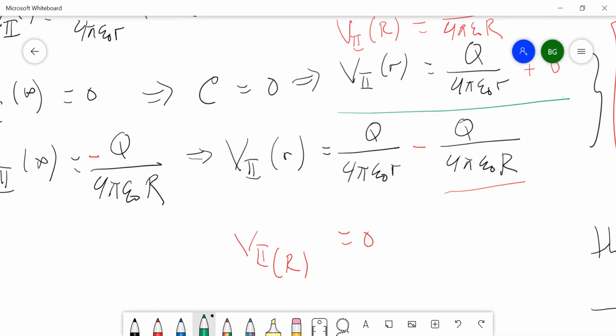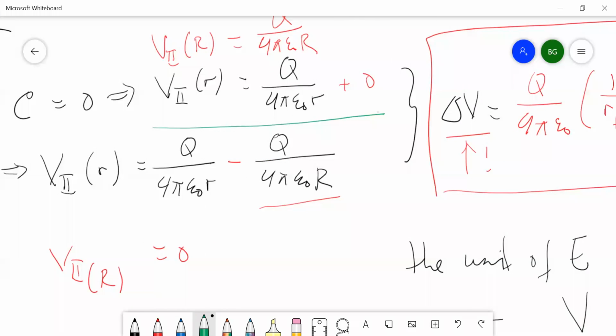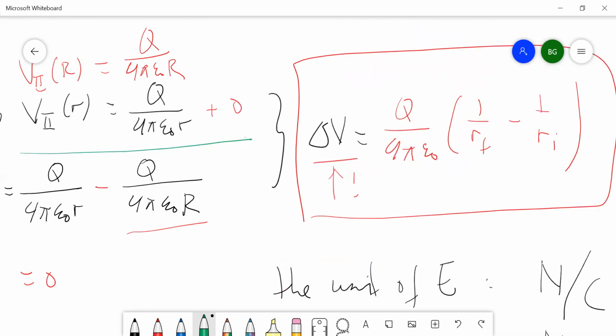Sekarang potensial di permukaan bolanya bagaimana? Kalau saya setting R sama dengan R besar, berarti ini 0. Artinya di tak hingga negatif, tapi di permukaan bola 0. Bedanya sama saja: kalau kita ambil beda antara tak hingga dan R, beda potensialnya sama. Tidak masalah.